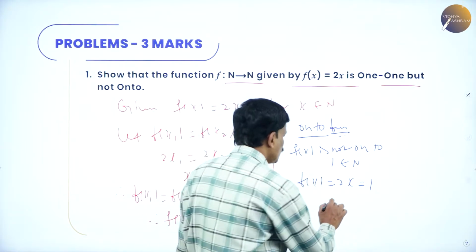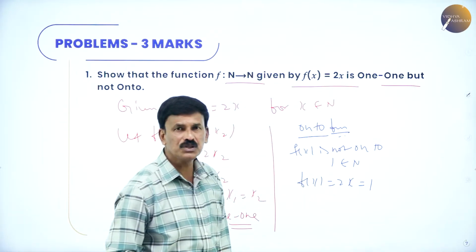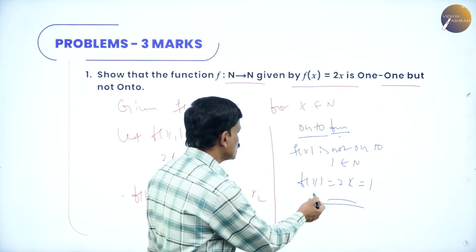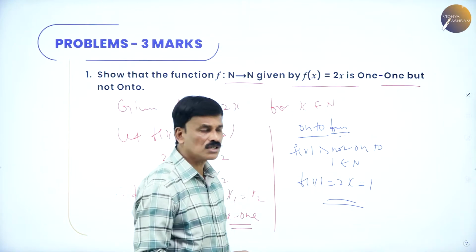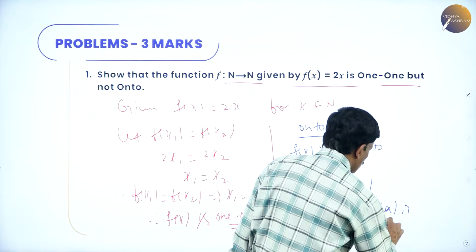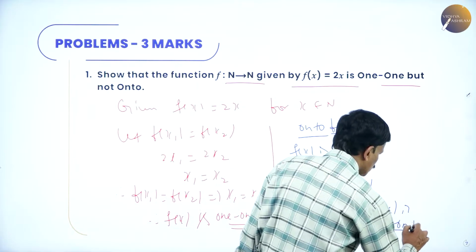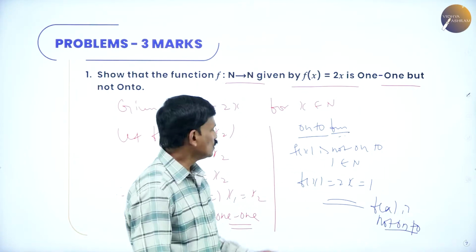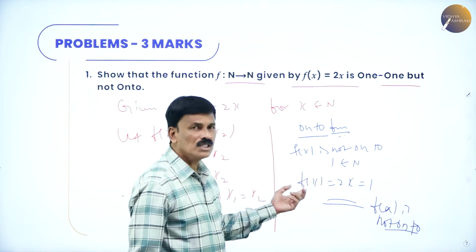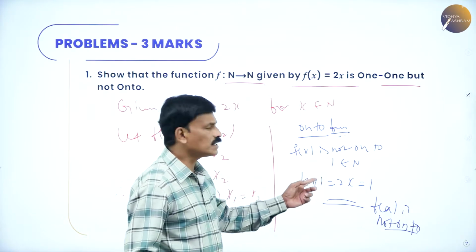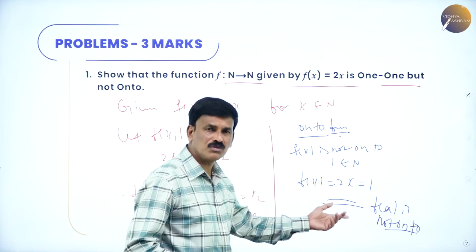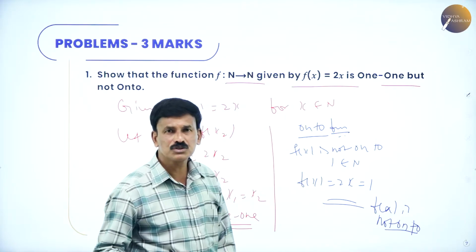If 2x is equal to 1 then x is equal to 1 by 2. Therefore, there does not exist any element such that f of x is equal to 1. So f of x is not an onto function.